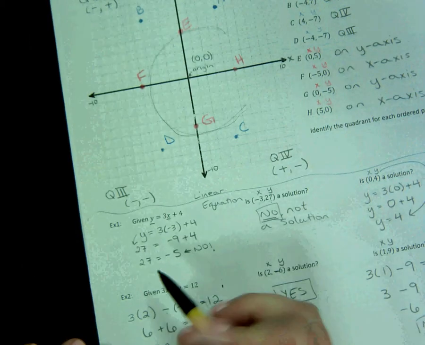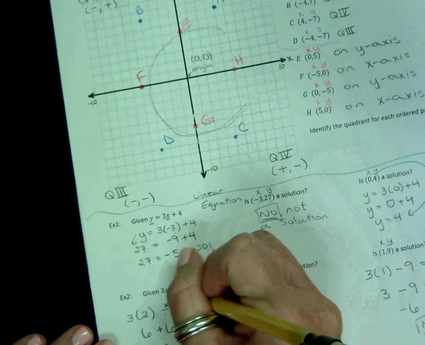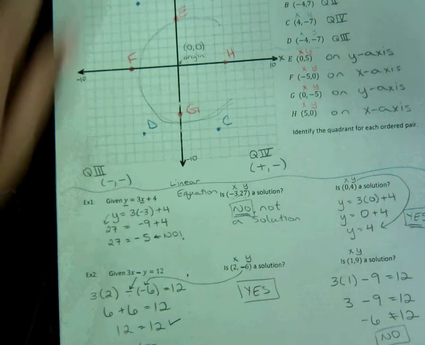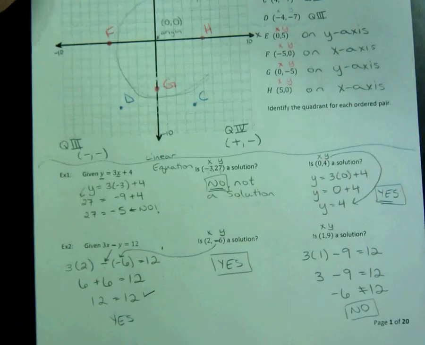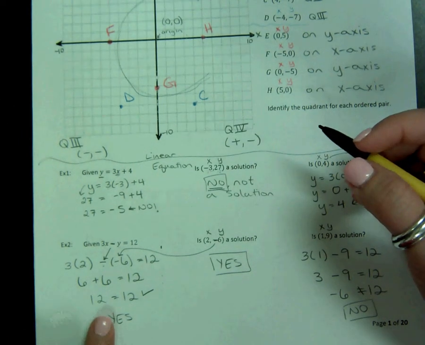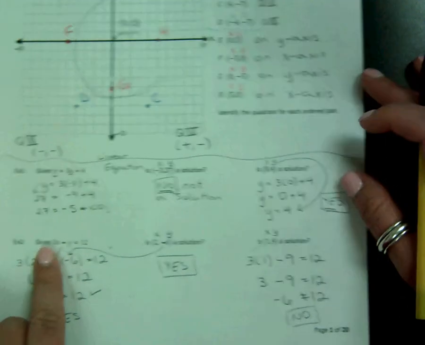Be careful here, you've got subtraction, which was part of the equation, and you've got a negative, which came from the ordered pair. So when you subtract a negative, it becomes addition. So this becomes 6 plus 6, and that's why that ordered pair was true for that equation.